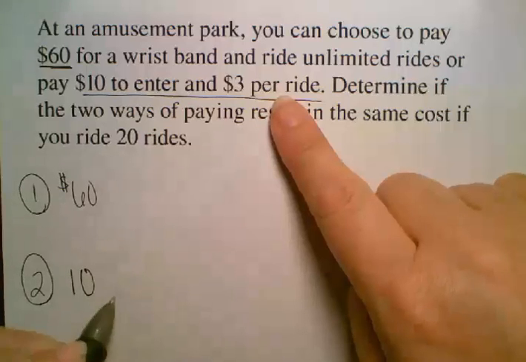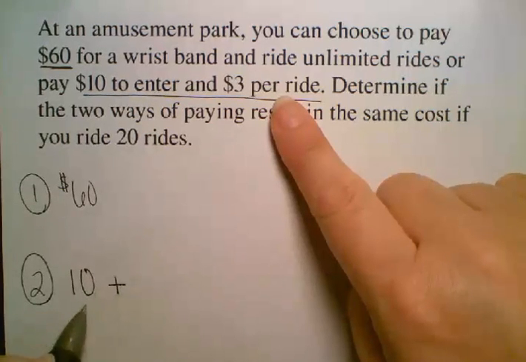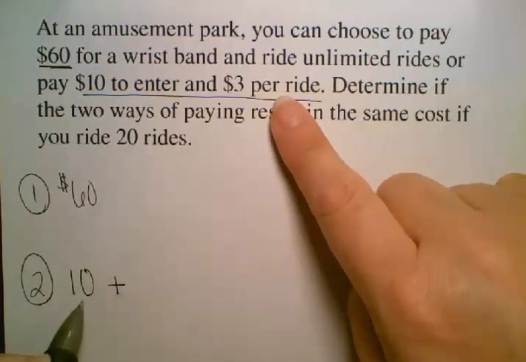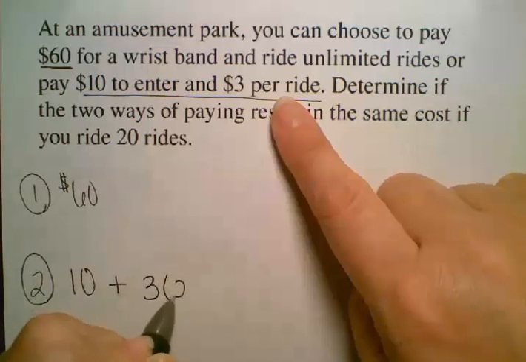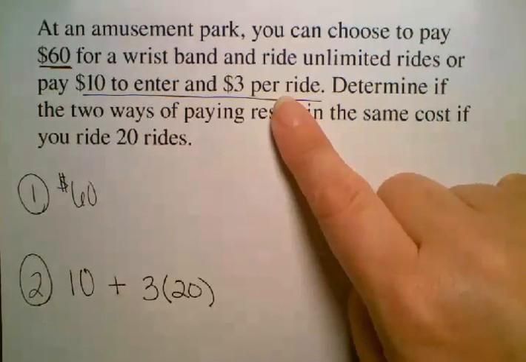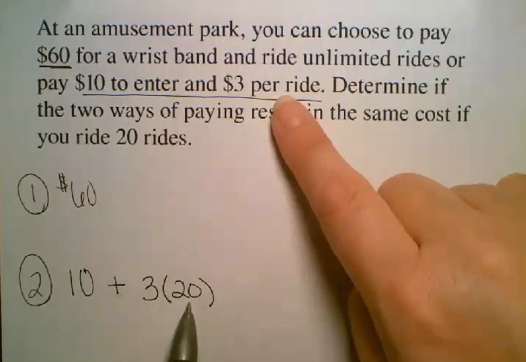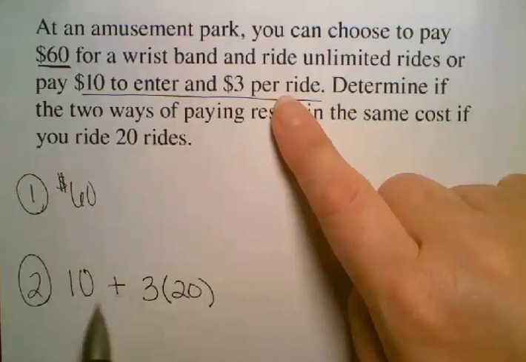So you're going to set up an expression here. $10 is your entrance fee, what you started off with, plus $3 per ride. You're going to pay $3 20 times. So now let's solve this.